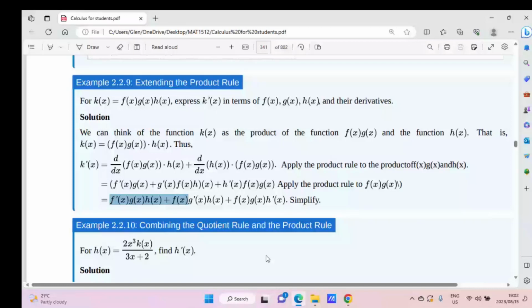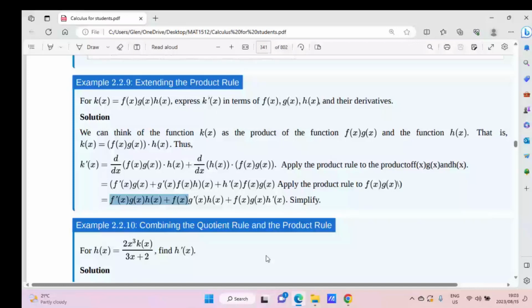The denominator is 3x plus 2 squared. Slowly. Yes, 3x plus 2, all squared. The numerator? 6x times k prime of x.